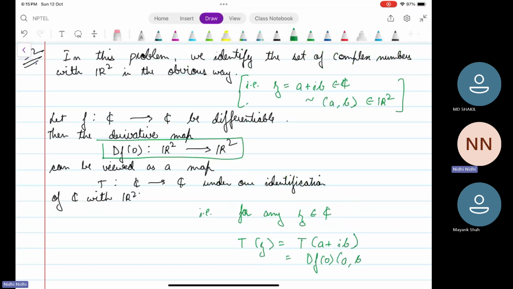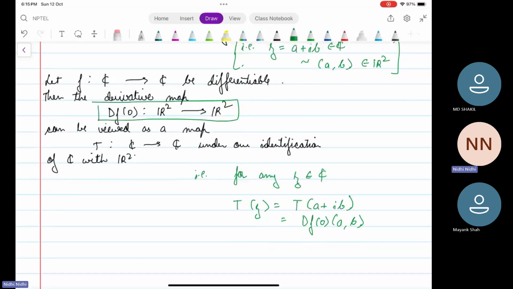So this is what they mean by T is taken from C to C under our identification.